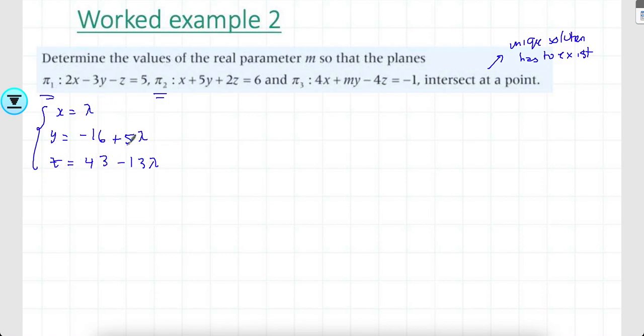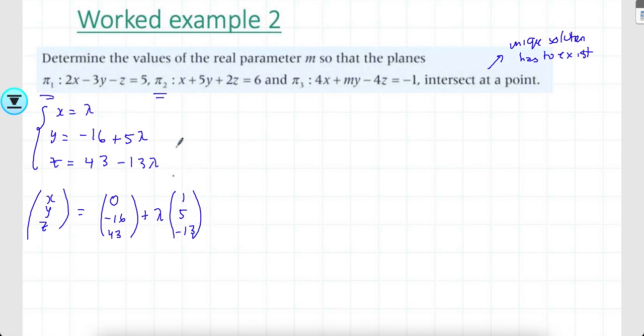I like to write the lambdas later because it gives me an easier way to write this in vector form. So we have no constant here, so 0, minus 16, 43, plus lambda, 1, 5, and minus 13. So this is the vector equation of the line that they both go through.